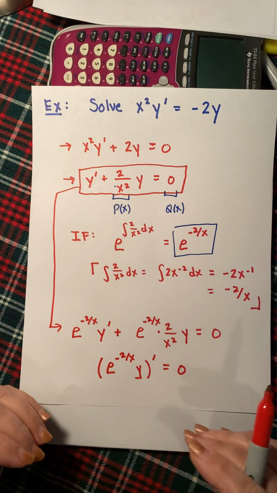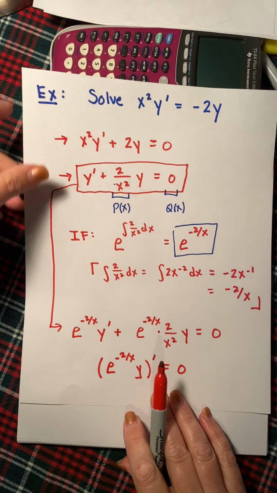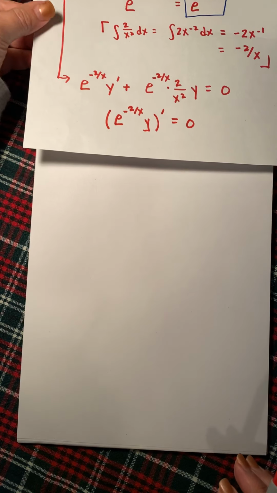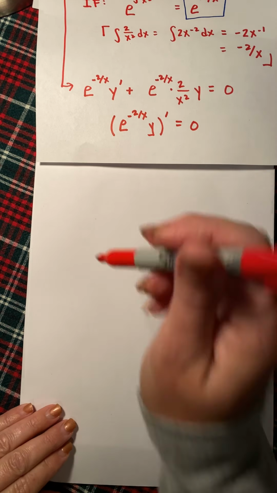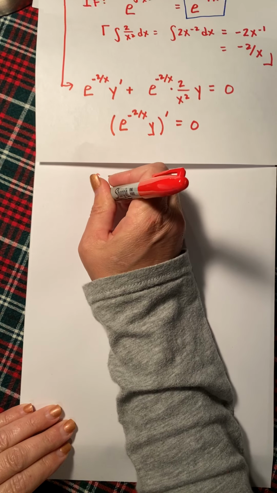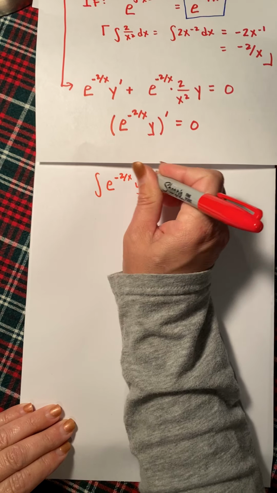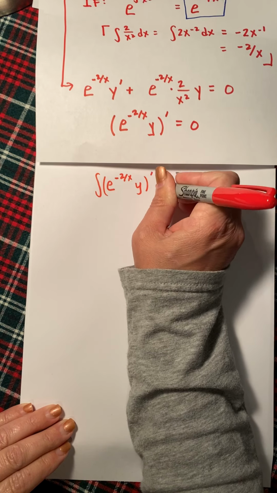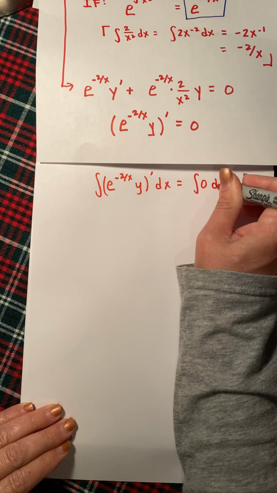Once we have this written in this form, the integrating factor times the function and that whole thing's derivative, now we can integrate both sides. So now I can do the integral of e to the negative 2 over x times y prime dx is equal to the integral of the constant.